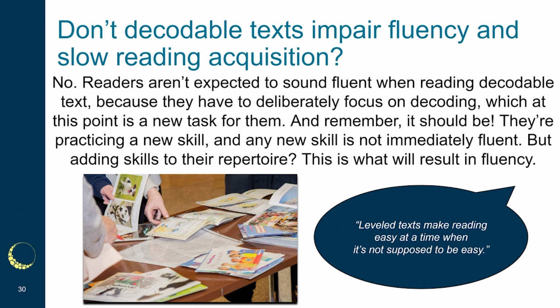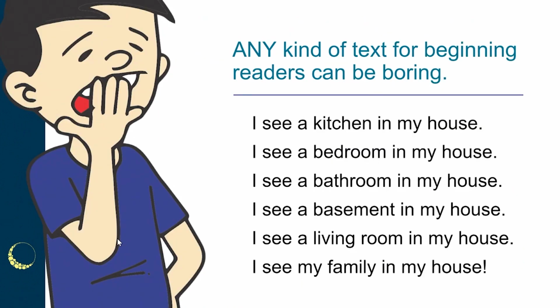And so I remind you of that thing my friend Kristen Munger said, level texts make reading easy at a time when it's not supposed to be easy. So if you think kids sound better reading what I had on this previous slide, I went the wrong way. If you think that's fluency, I see a kitchen in my house, I see a bedroom in my house. Keep in mind, they're not actually reading when they do that.